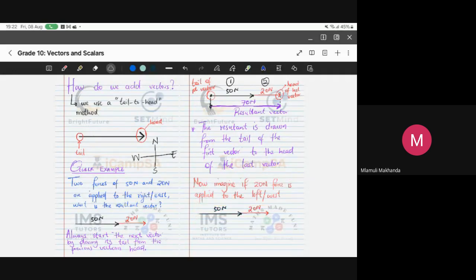So instead of having it going that way, now it's going the other way. Remember what we said, whenever you draw these vectors, what do you do? You place the tail of the next vector, which is the 20N vector in this case, to the head of the first vector. So you place the tail here and then throw it that way.